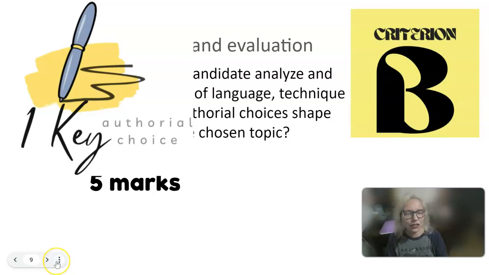First thing that I want you to do to improve your criterion B is to make sure you're looking at just one authorial choice. Did you deal with one, and do you really understand what that one is? Go back to the video about the authorial choices. If the comments in your essay say, hey, I'm not sure that you're really talking about the thing that you've labeled, or you're talking about more than one thing here, make sure you're just focused on one key authorial choice.